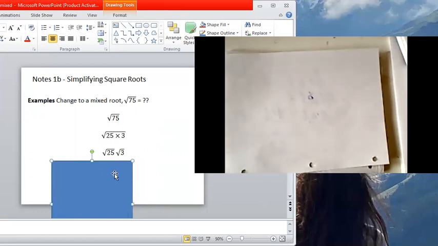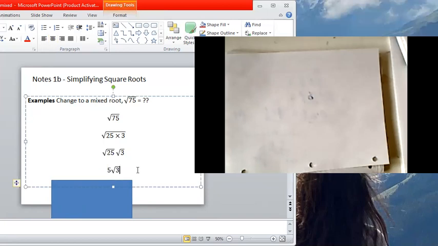What's the square root of 25? 5. Square root of 3? That's square root of 3. Finished. Final answer. This is the mixed root, mixed radical. I think they all might be like that. Okay, final answer right there.